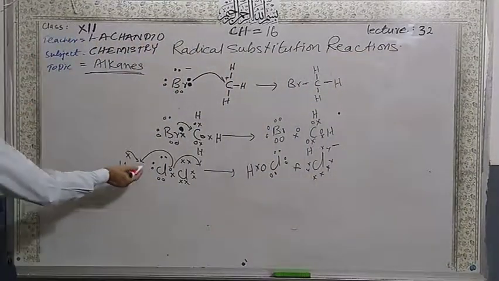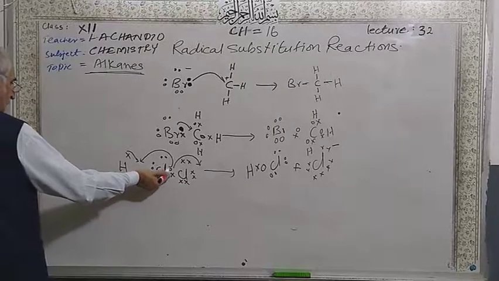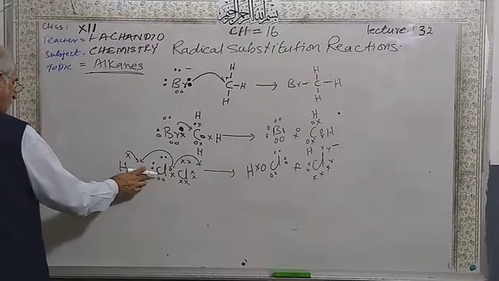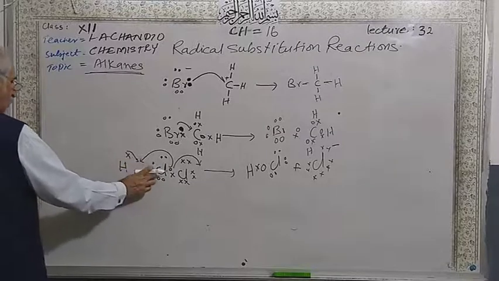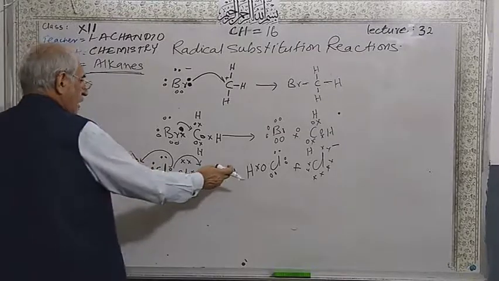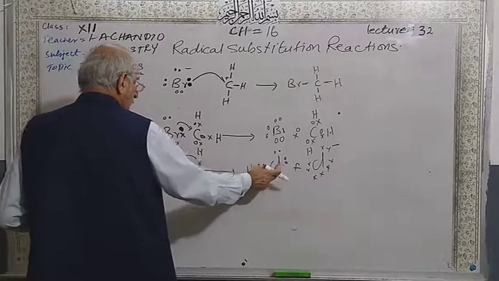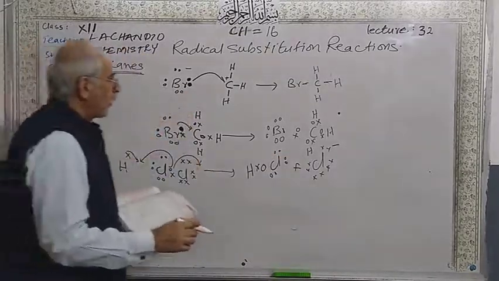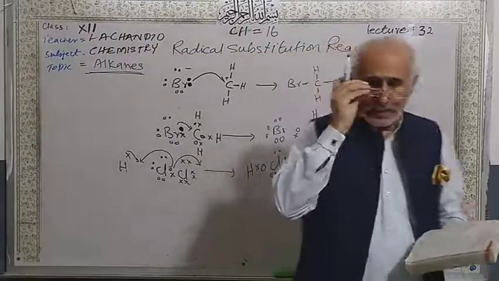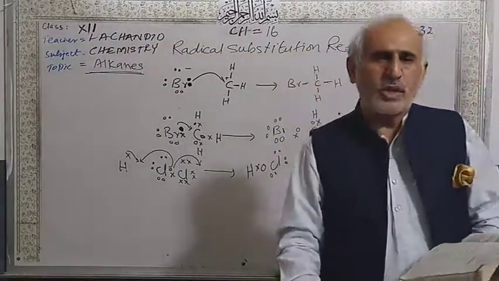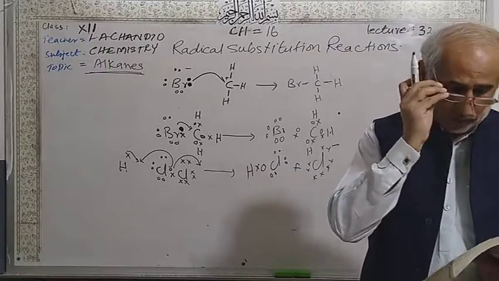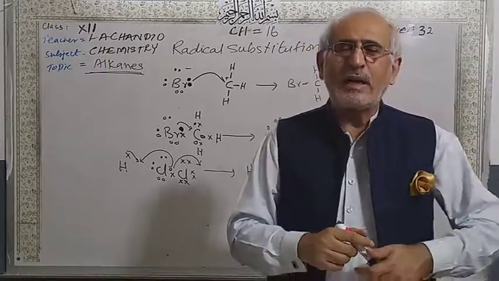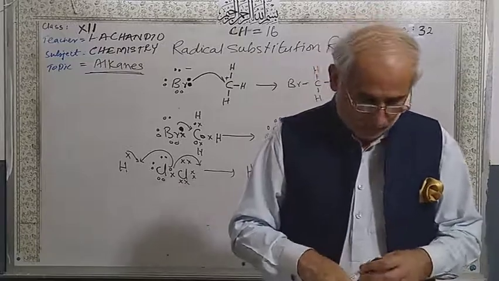This arrow indicates that this electron is shifted to make a pair between chlorine and hydrogen, forming the bond. This chlorine is removed in the form of chloride ion, and the 8 electrons surrounding it make a negative charge. So this is the phenomenon of moving electrons.